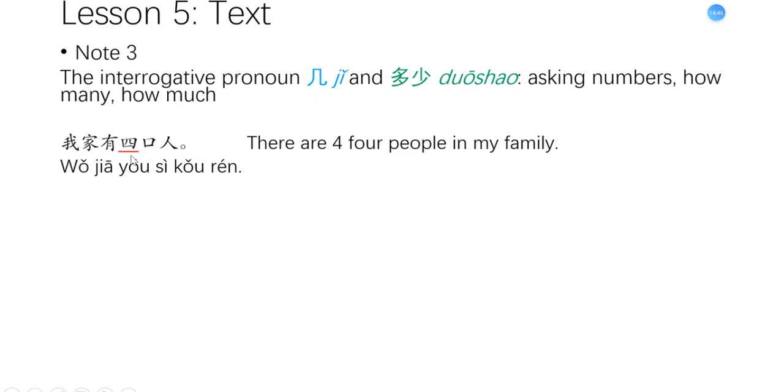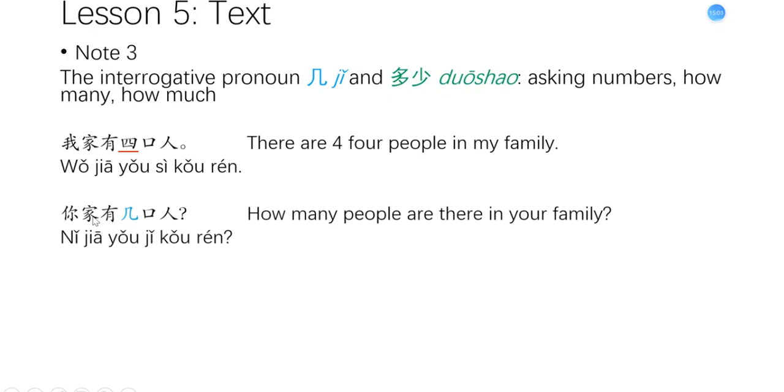If we don't know the underlined part, like this 4, if we don't know there are 4 people and we want to ask how many people there are in your family, we just ask about this underlined part, this number. So we can use 几. 你家有几口人? Which means how many people are there in your family? 你家有几口人? And similarly, we can also use 多少.